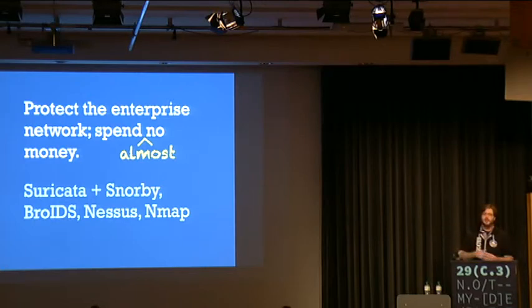Snorby is an event management system, so you can take the logs out of an IDS. It's a web application that lets you monitor, make comments, note stuff, and do investigations. Bro IDS is something else we deployed. It's a great system. It's not really your typical IDS.